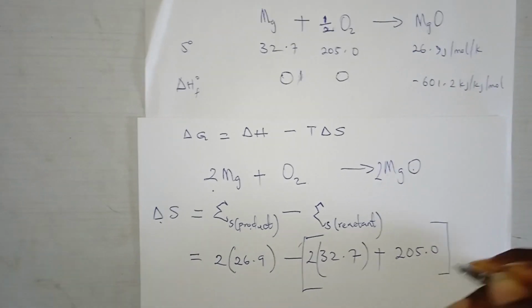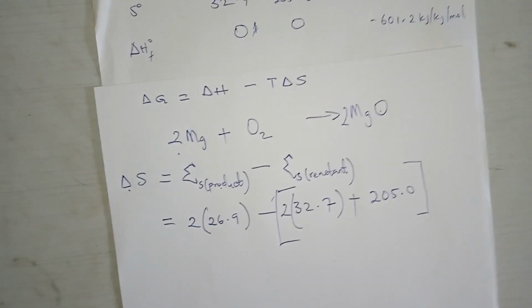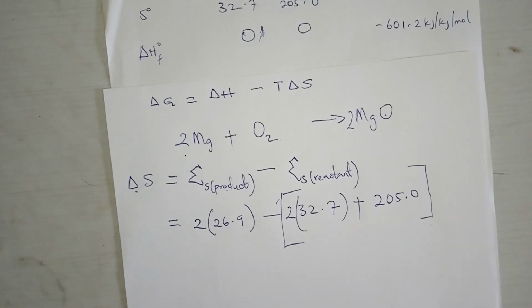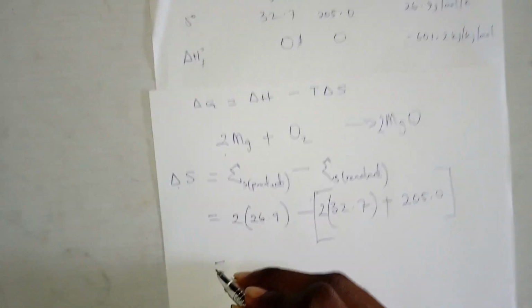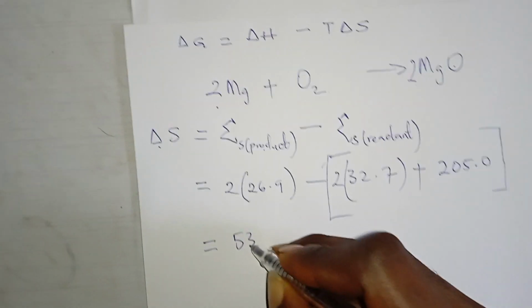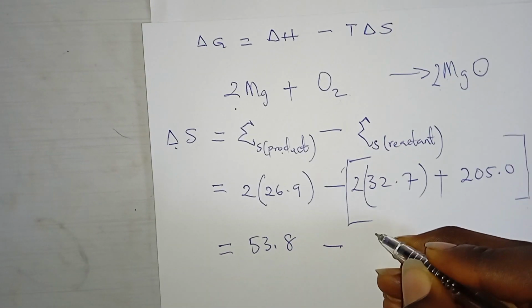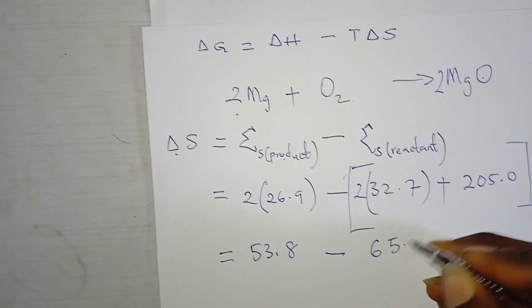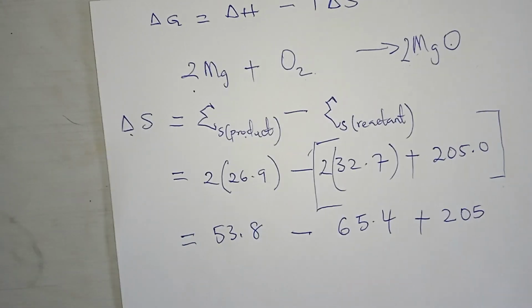So balancing it, we now have plus 205.0. When you do the calculation, if you do the punching very well, on this side you have 53.8 when you punch it, minus 65.4 plus 205.